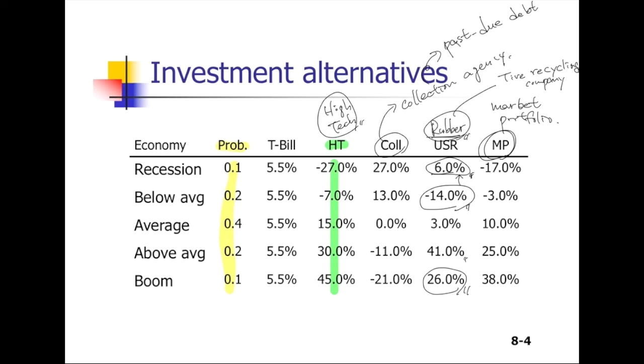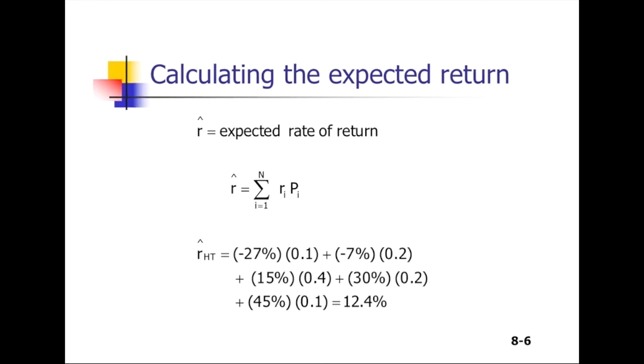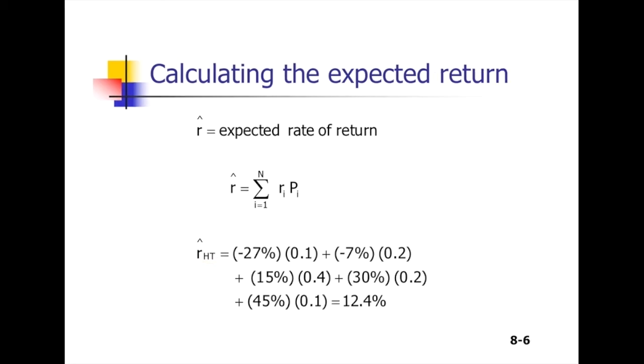In the recession, you multiply the probability of 0.1 times minus 27. Then you calculate each state, and the sum of them is 12.4%. So the expected return of the high-tech company is 12.4%. With this process, we can calculate each financial asset's expected return.